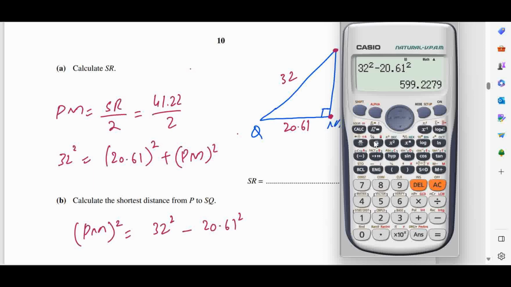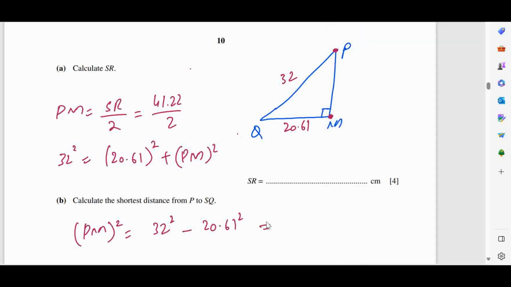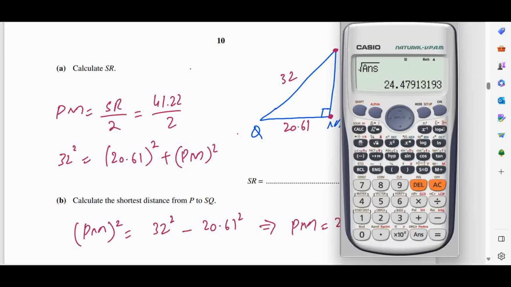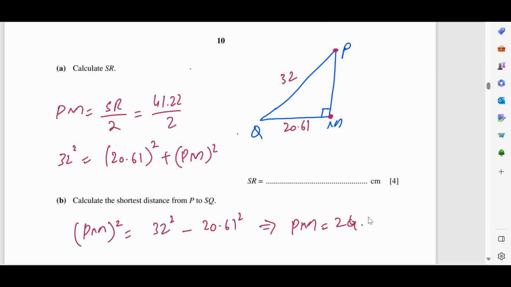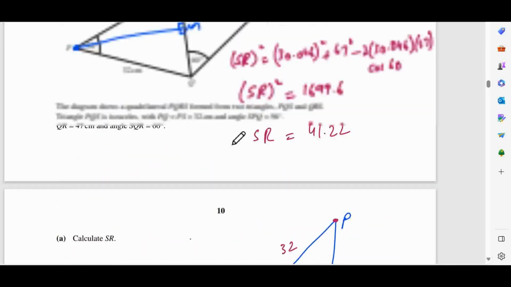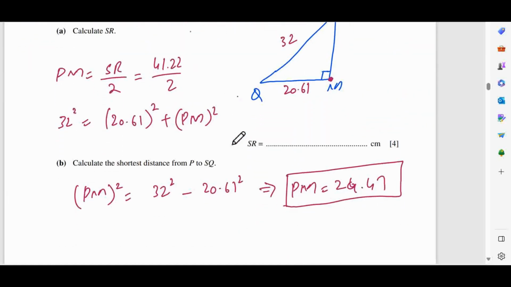Then we can take the square root. So this will be equals to 24.47. So PM will be equals to 24.47. This will be the final answer, the shortest distance from the point P to point M.